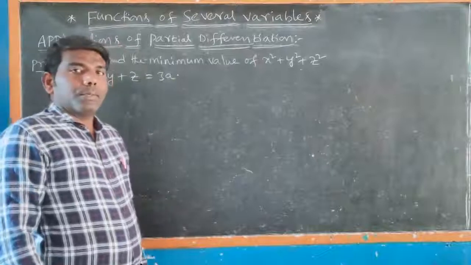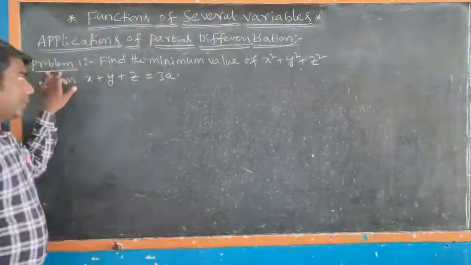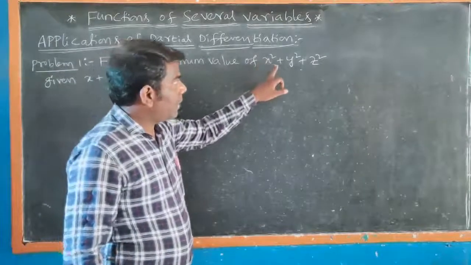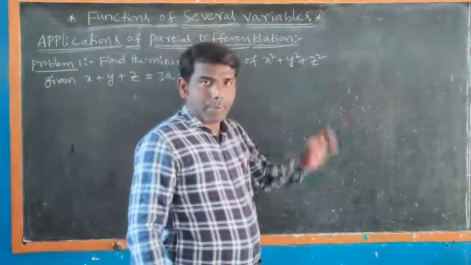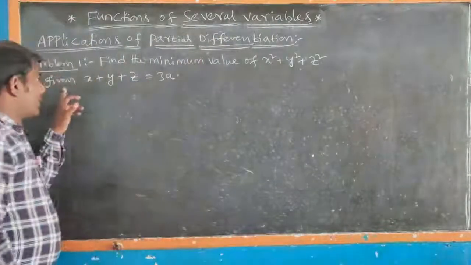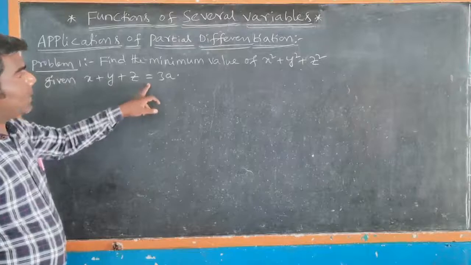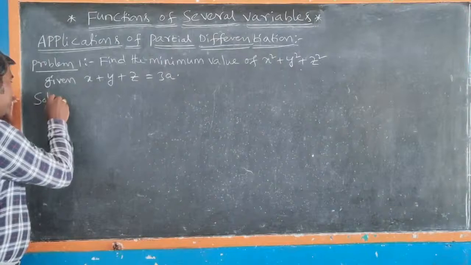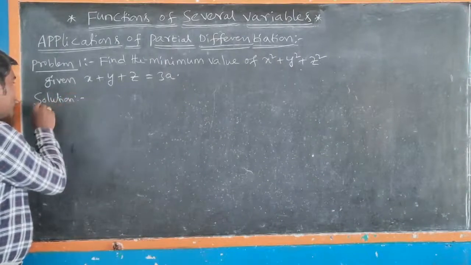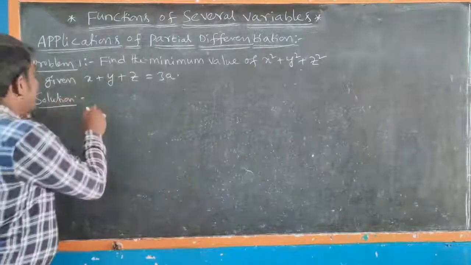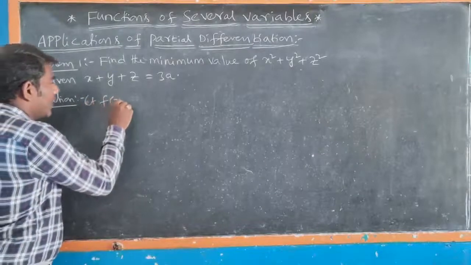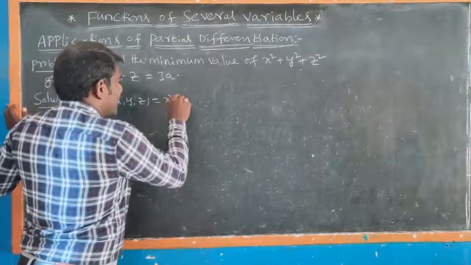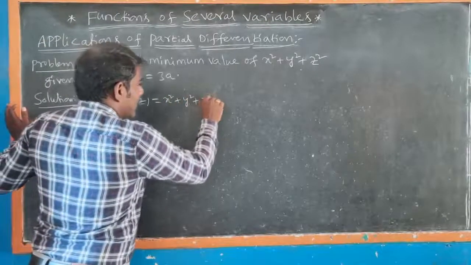Next, problem number 1. Find the minimum value of x square plus y square plus z square, given x plus y plus z is equal to 3. Now the solution is: let f of x comma y comma z is equal to x square plus y square plus z square.